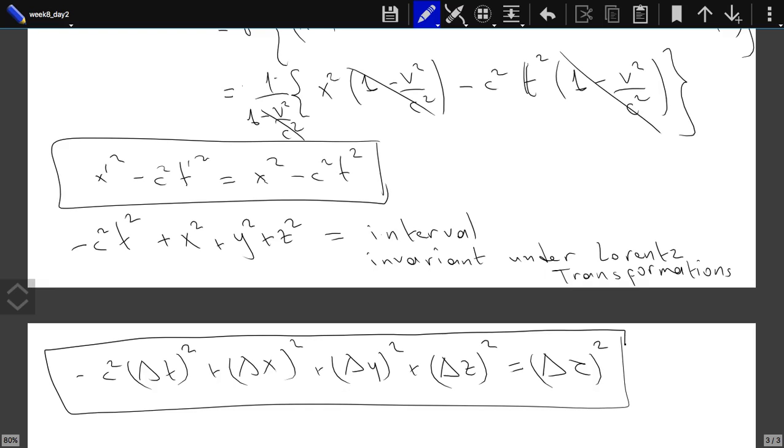But in Einstein's theory, there is length contraction. So if you go from one reference frame to the other, this combination, which is the length of our vector, does change. But this also changes. So they change in such a way that this combination doesn't change. That is the nice thing about this combination.